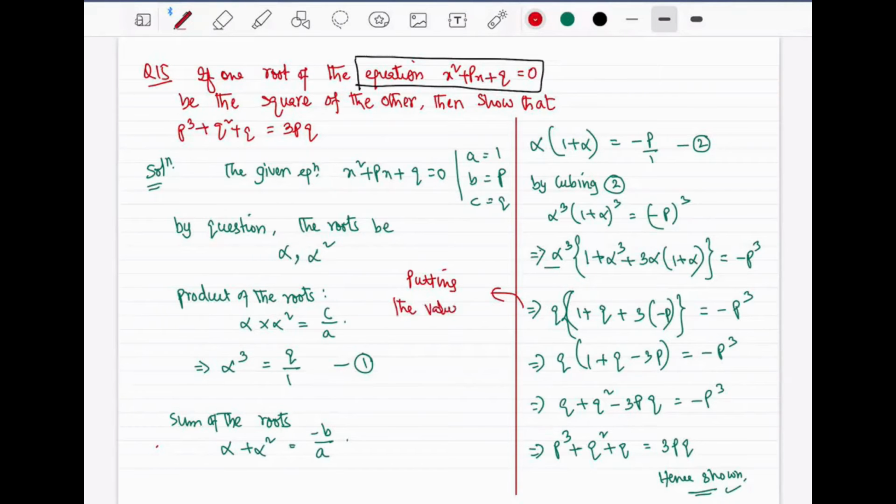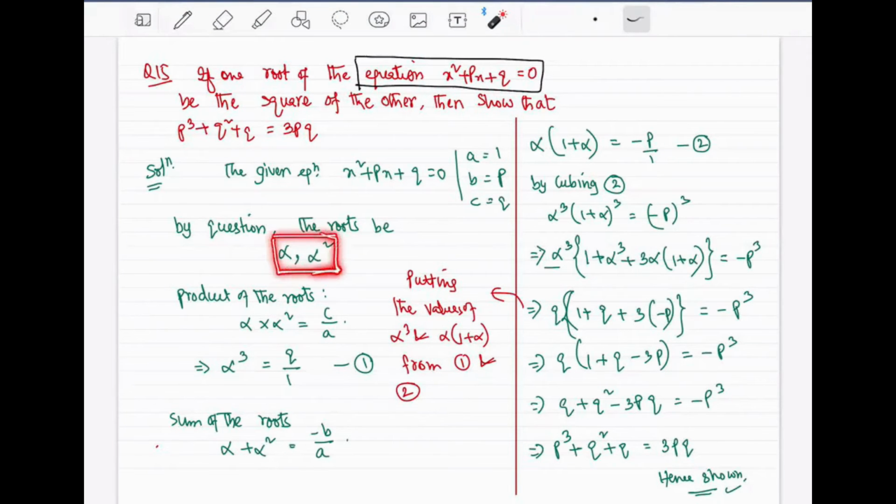The values of alpha cube and alpha 1 plus alpha from where? From equation 1 and equation number 2. Okay, that's it. This is a very easy question. You just have to know that we took the roots as alpha and alpha squared. Okay, this question can be given 2 or 3 marks, mostly 3 marks actually.